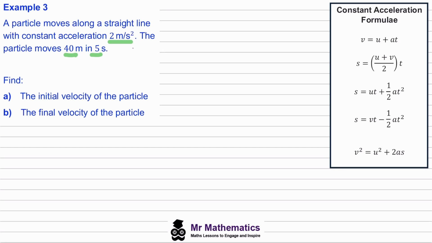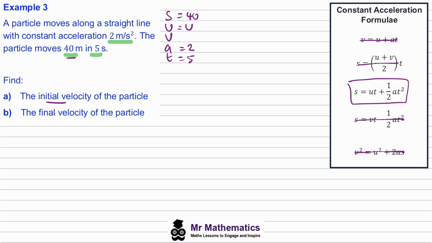To identify which acceleration formula we're going to use, we'll identify our SUVAT values. We want to work out the initial velocity. The acceleration is 2. We move 40 meters in 5 seconds. So v is not relevant. If we cross out all the equations that involve v, we're going to use this one.